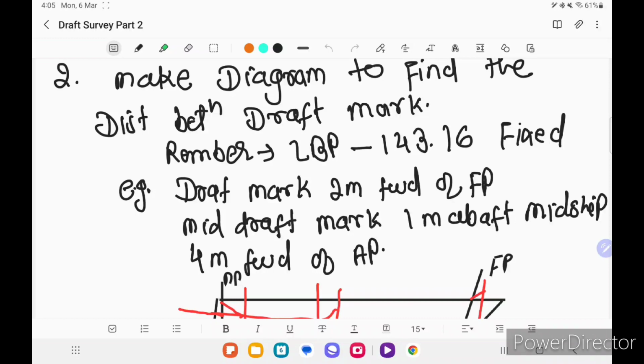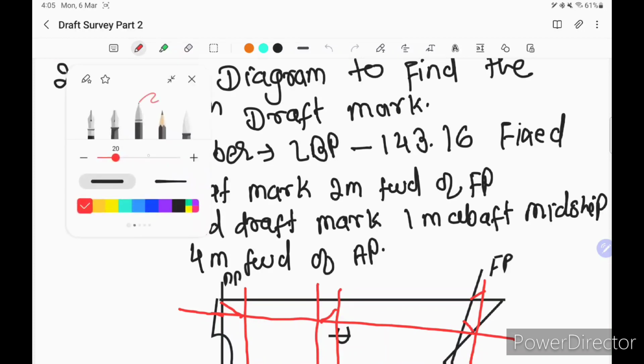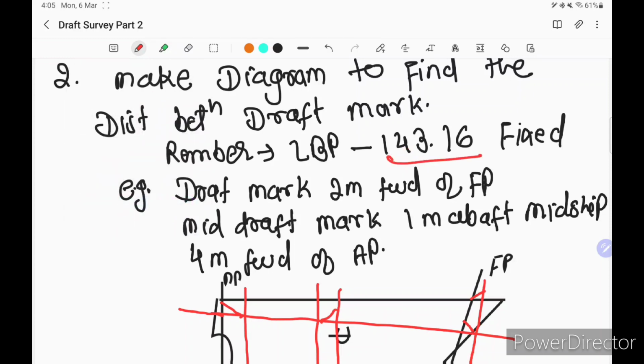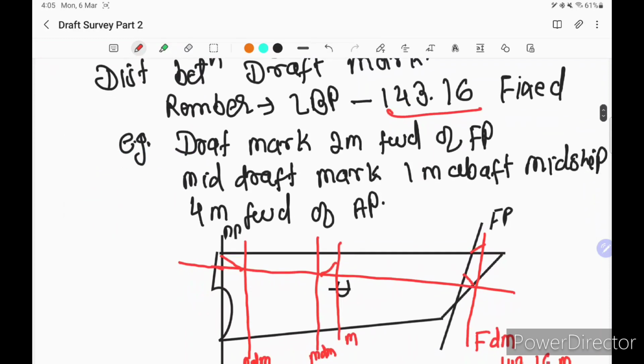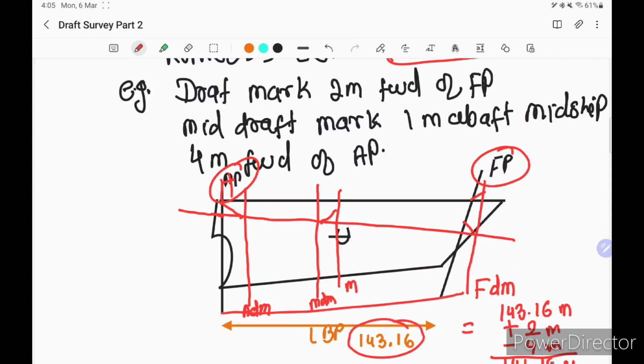In a draft survey question, always remember that LBP, length between perpendiculars, is 143.16. Now, for example, how you will prepare the diagram: you make one vessel, this is your forward perpendicular, this is your aft perpendicular, and the distance between them is 143.16.